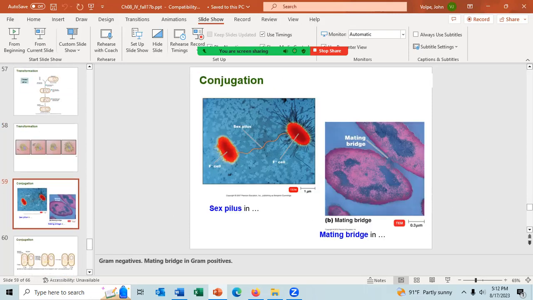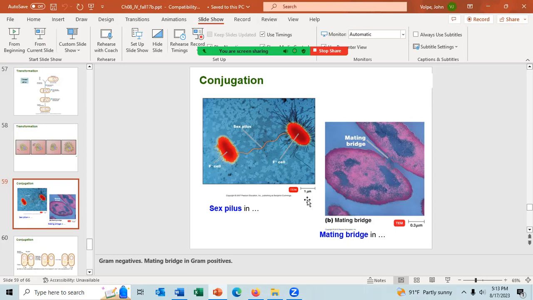The second way that cells can have horizontal gene transfer, where DNA moves from one cell of the same generation to another cell of the same generation, is by conjugation. Conjugation happens in two ways, depending if it's a gram-negative cell or a gram-positive cell.